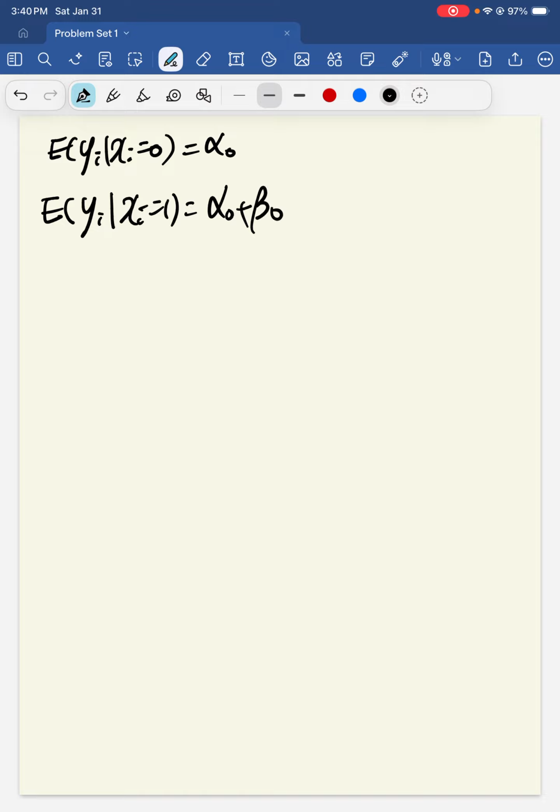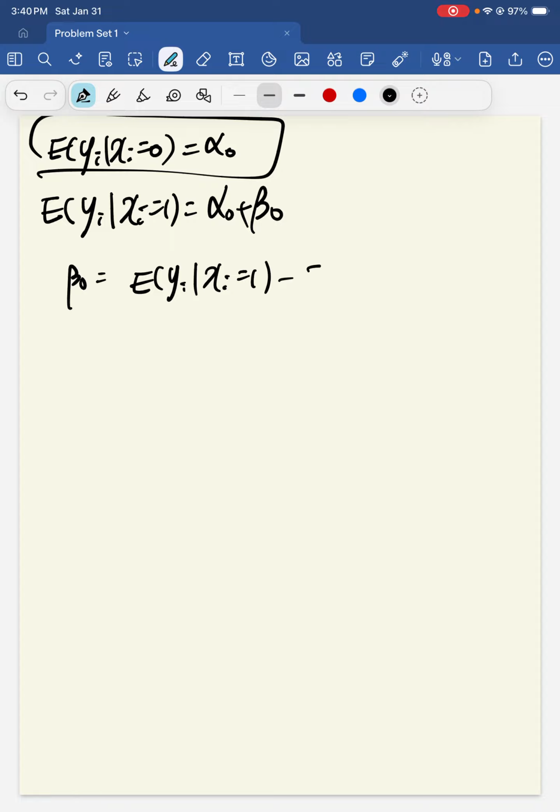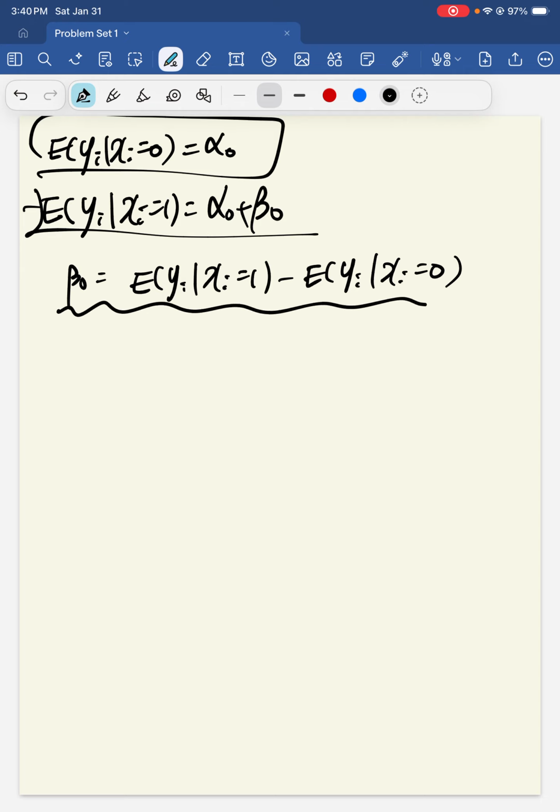So then, pretty simple, alpha is already proven, beta is their difference. Right? Pretty simple. If you take the difference, subtracting the above one from the bottom, then you will get this result. Pretty straightforward. It's also very intuitive.